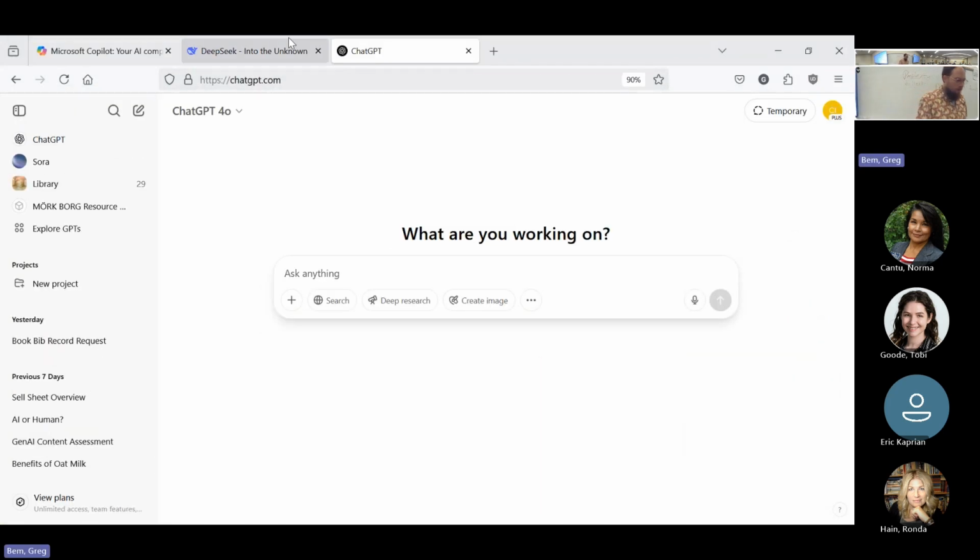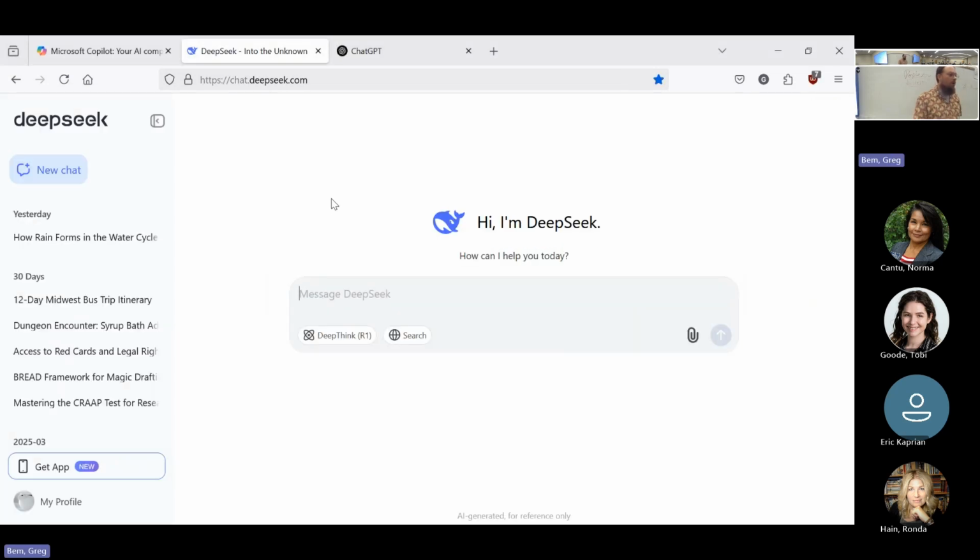There it is. Okay. Let me get this. So you can go to deepseek.com. I'll just mention really briefly that DeepSeek came out this year. It's very, very popular. One of the reasons it's popular is because it is completely free. It's open source. There's no paid version.